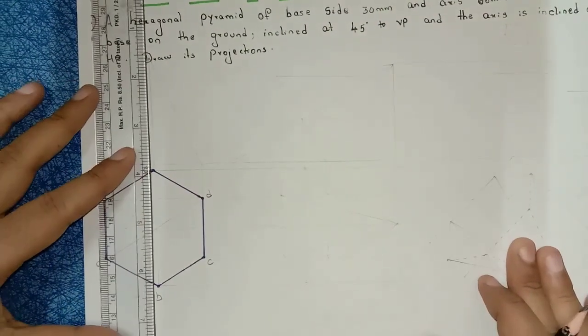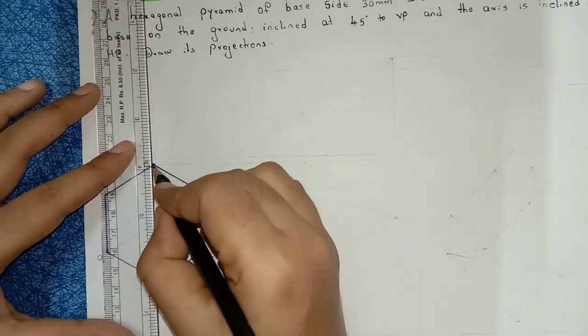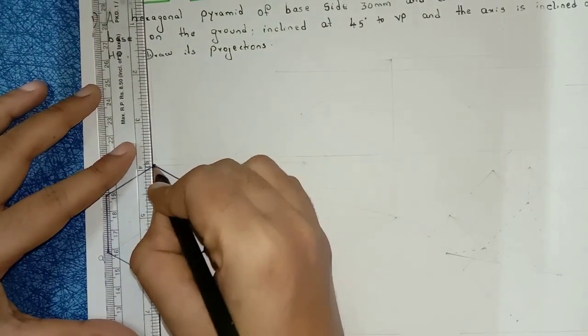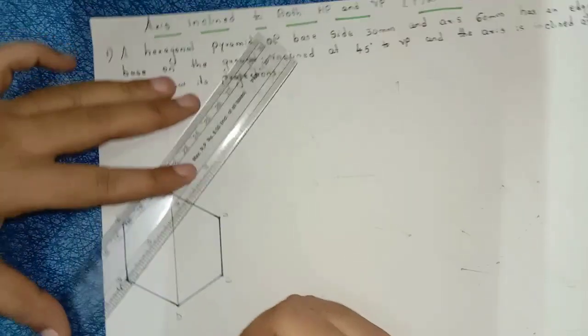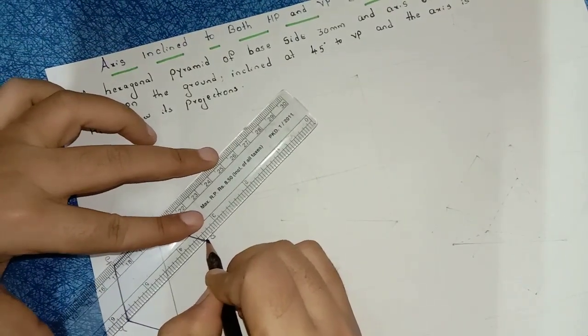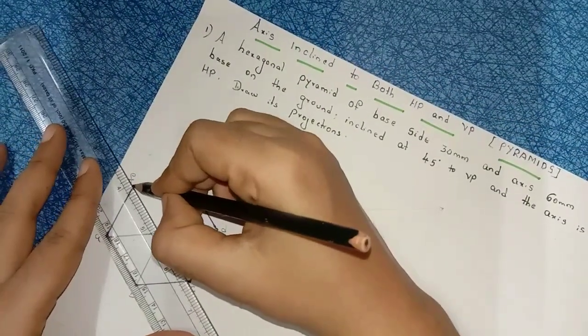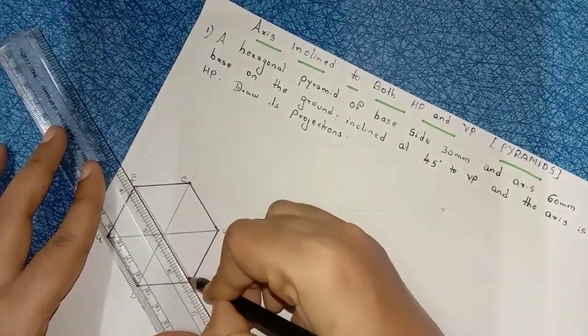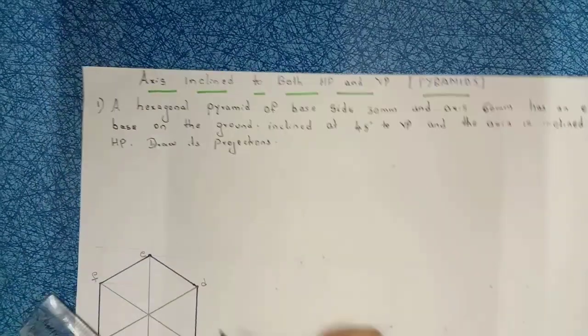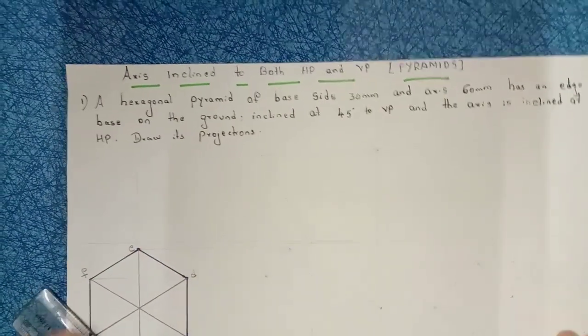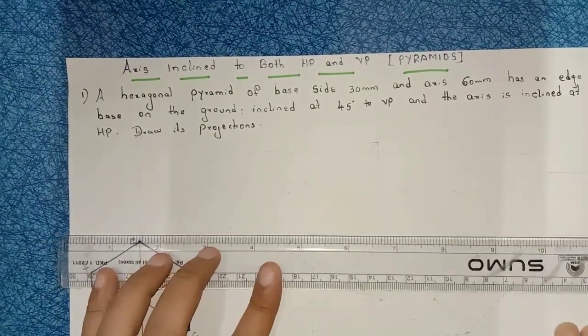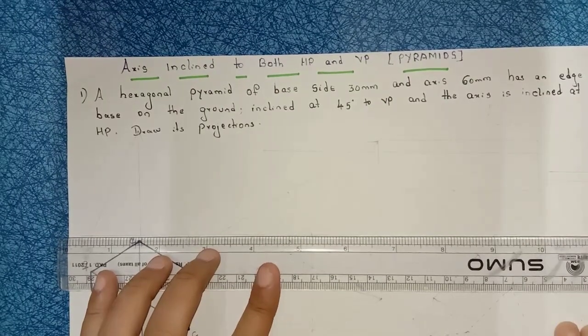Now after constructing the hexagon, mark the midpoint of the hexagon. Join all the corners of this hexagon, and you will get the midpoint, which is needed to mark the axis line. After that, from this corner leave a 5 mm gap and draw a reference line of any length.